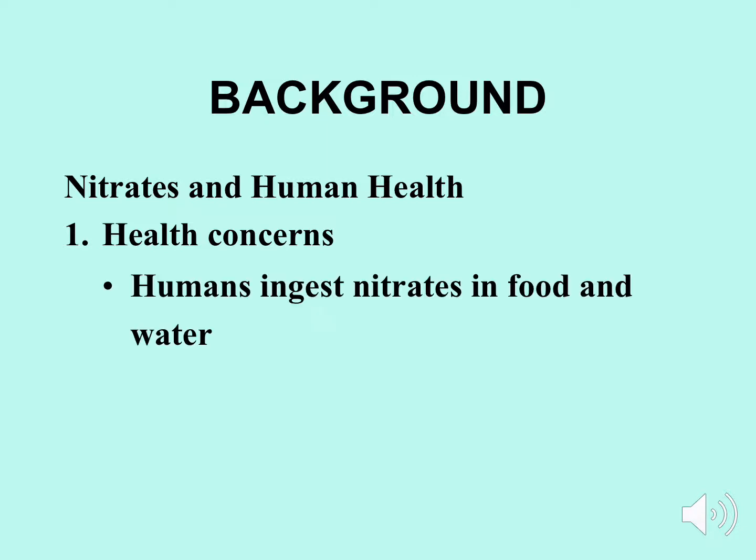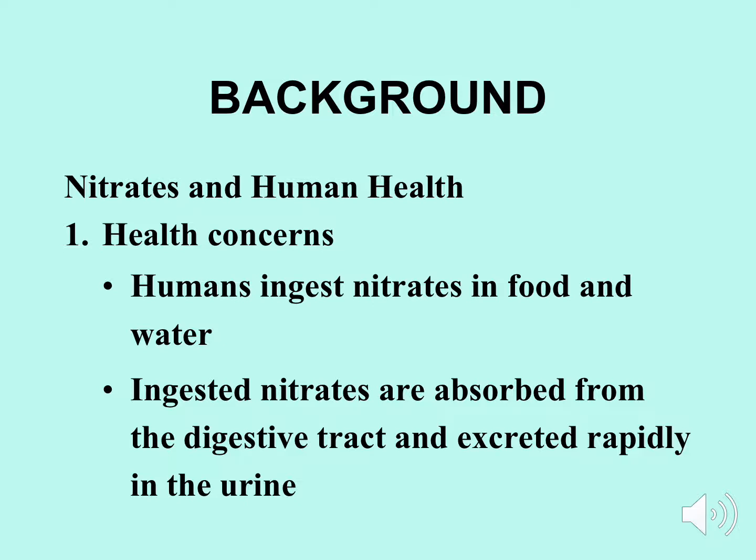First of all, humans ingest nitrates in food and water all the time. We have certain plant materials that healthy adults eat that contain 1,000 parts per million nitrate nitrogen. Huge numbers. But a healthy human adult can consume food that's high in nitrates, and these nitrates are absorbed out of our digestive tract, and they're excreted in our urine pretty fast.